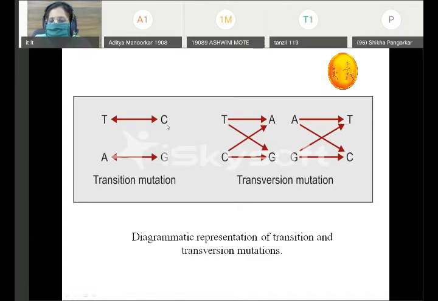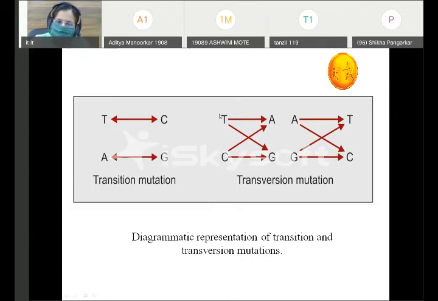Now coming to transversion. As we have seen, a purine is substituted by a pyrimidine. A is substituted by either T or C. Guanine is substituted by T or C. That means purines are substituted by pyrimidines.